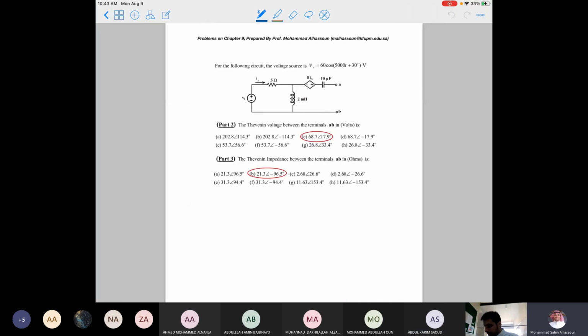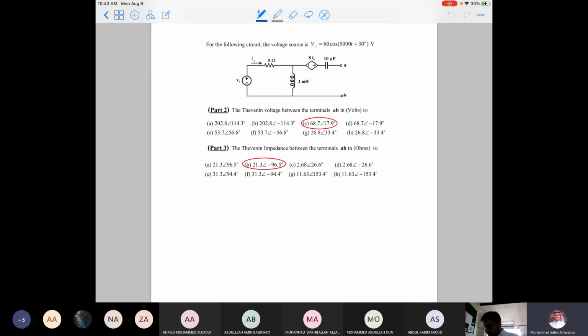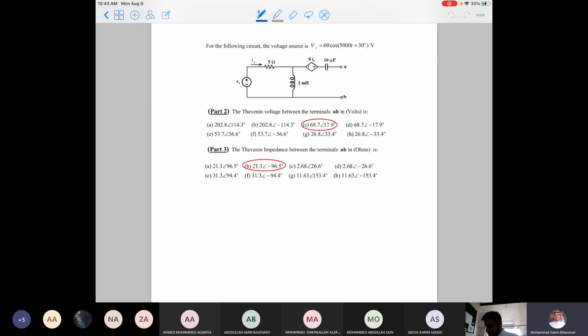Okay, let's take this exercise, and I think this one is taken from a very old final exam. In this problem, you're asked to find the Thevenin voltage and the Thevenin impedance.